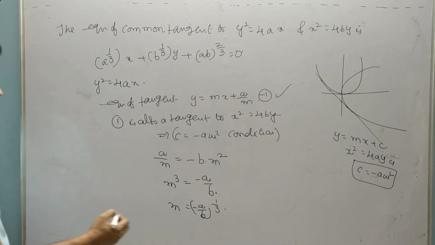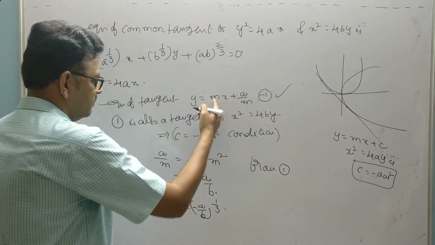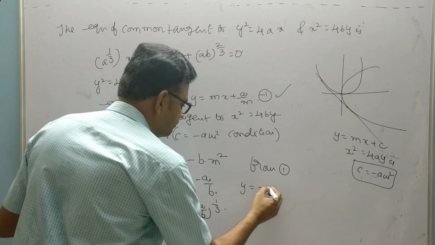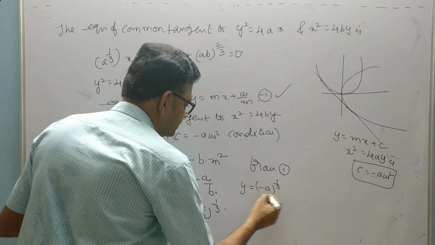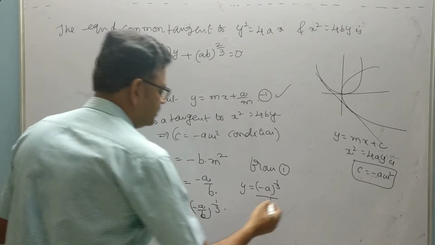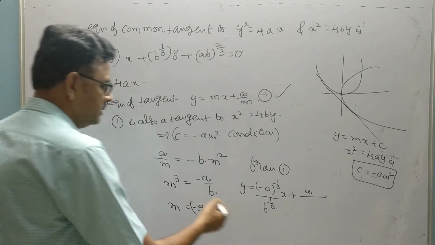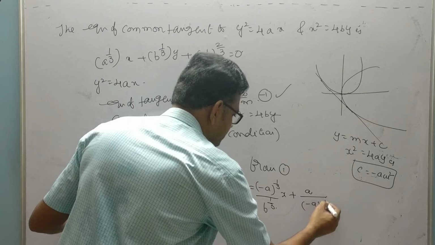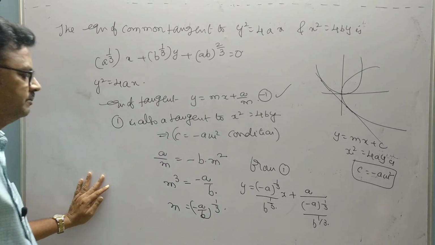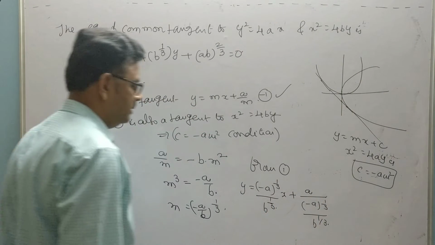So from 1 you write y is equal to, this means minus a power 1 by 3 by b power 1 by 3 into x plus a by m, where m is minus a power 1 by 3 by b power 1 by 3. y equal to mx plus a by m.